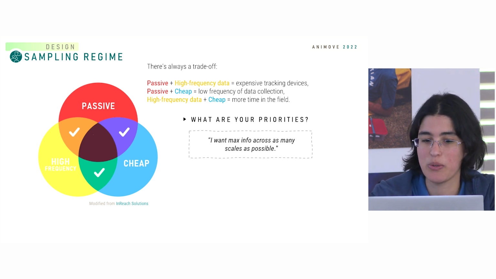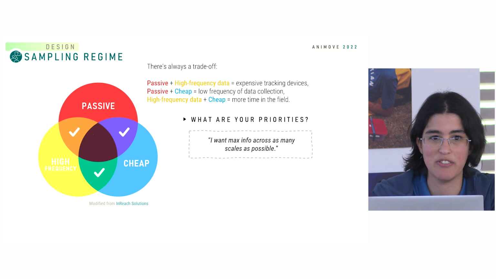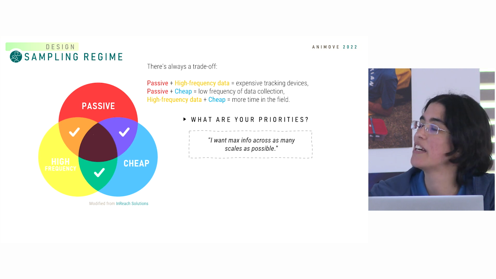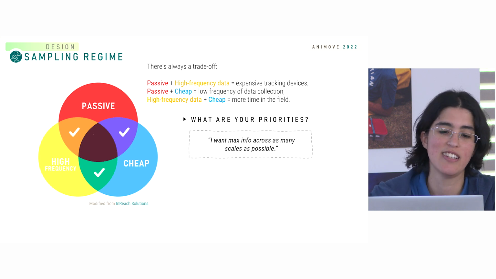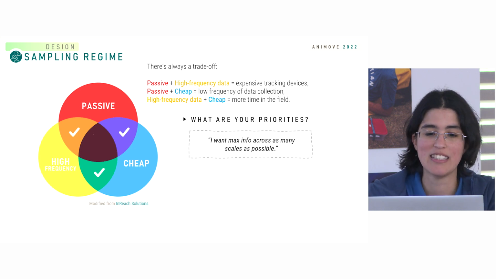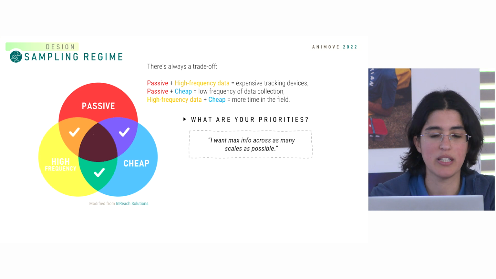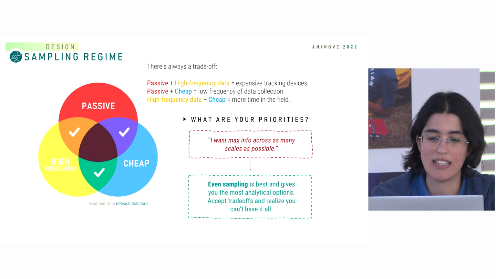If you want high-frequency data and you also want it to be cheap, maybe you spend more time in the field running around after animals, getting locations every 10 minutes or whatever you want. So you have to think about what your priorities are. And typically saying, I want as much information, as many scales as possible, sounds very good, but it's not very realistic. So you have to decide on what is best and gives you more options.